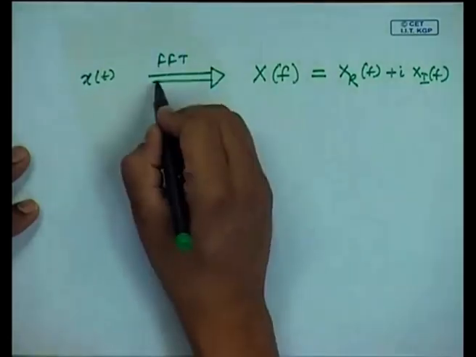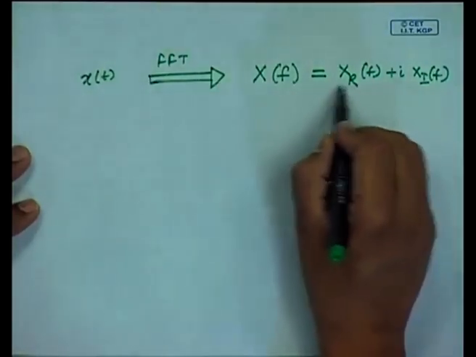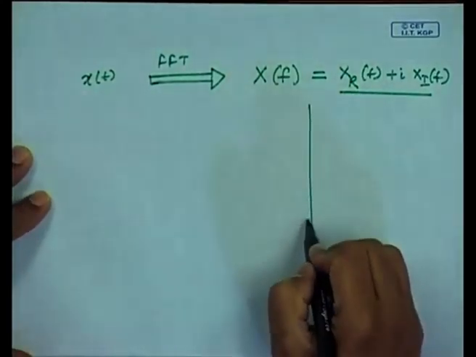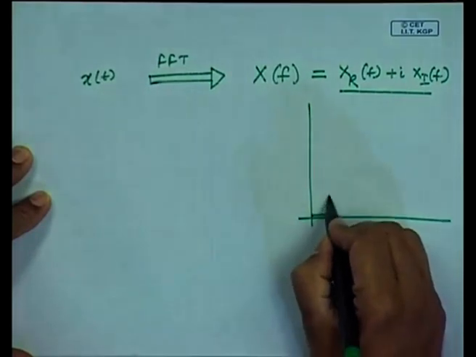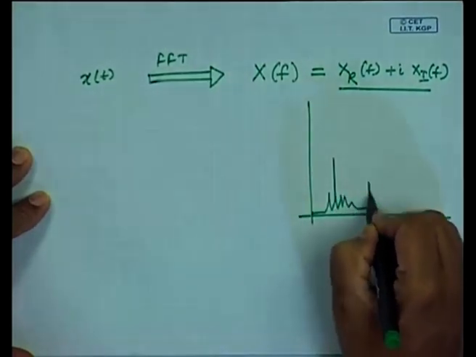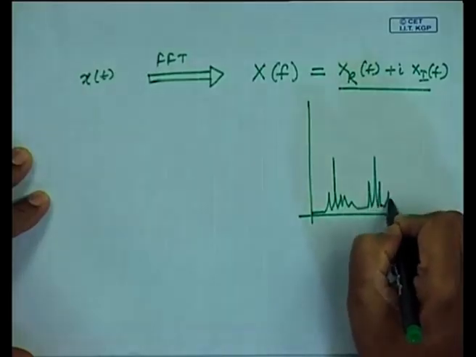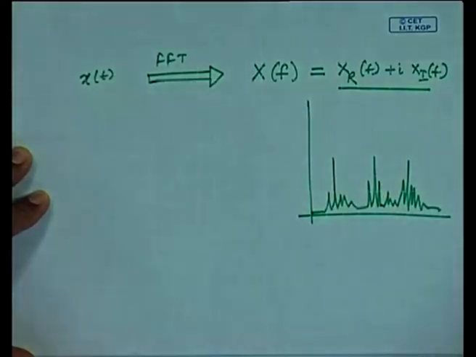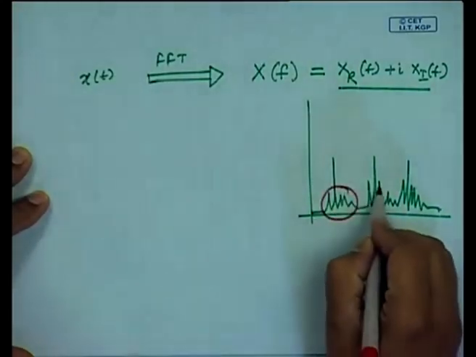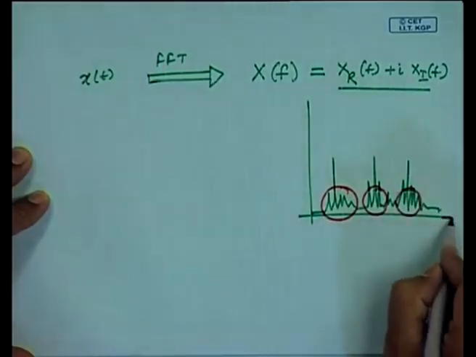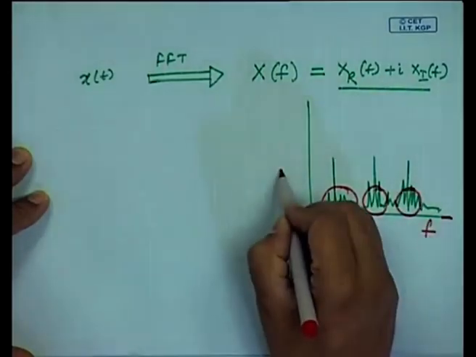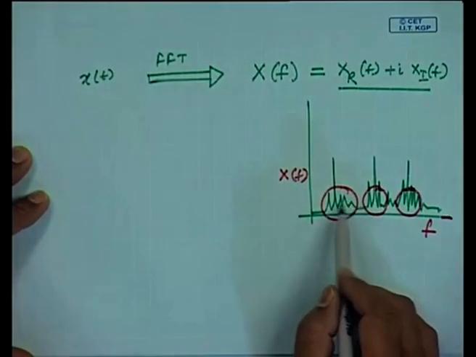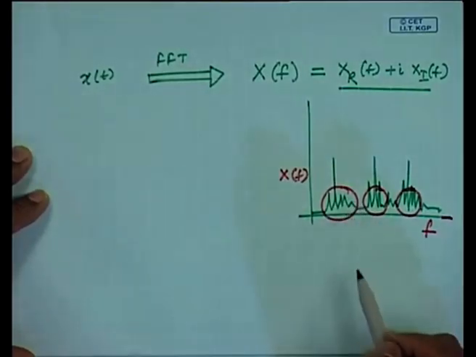Now, if this frequency signal has, for the sake of argument, a lot of sidebands around a particular frequency, and then on top of it there is noise, this becomes very difficult to understand, as you will see in an example I will show you.